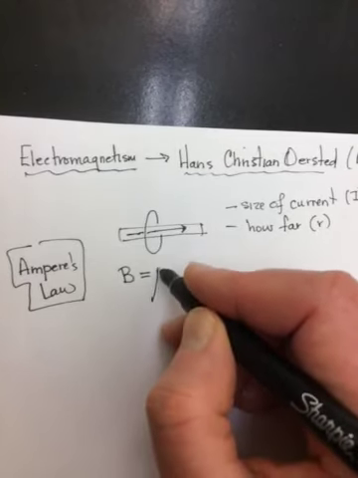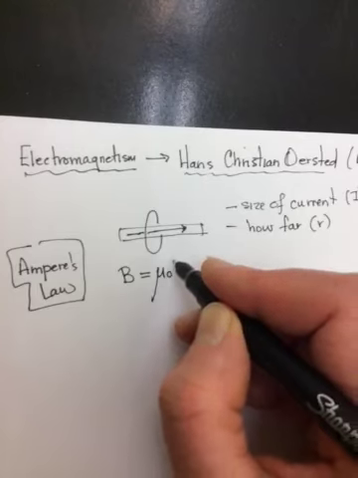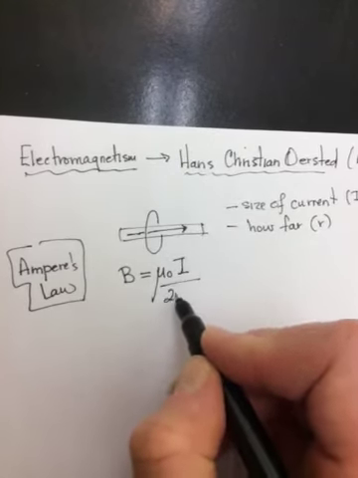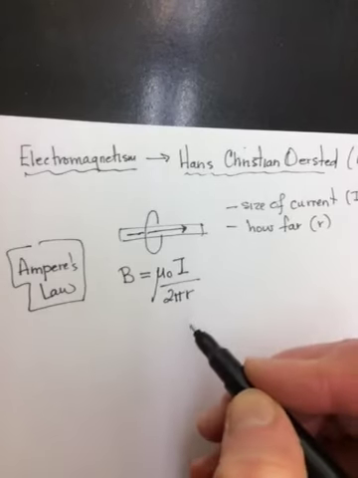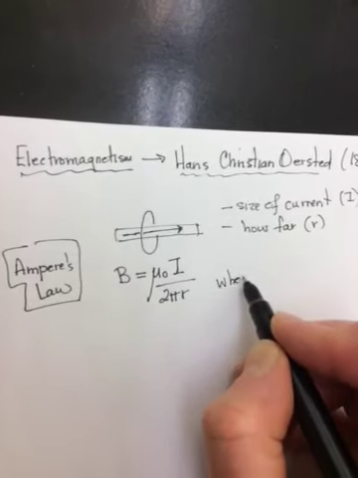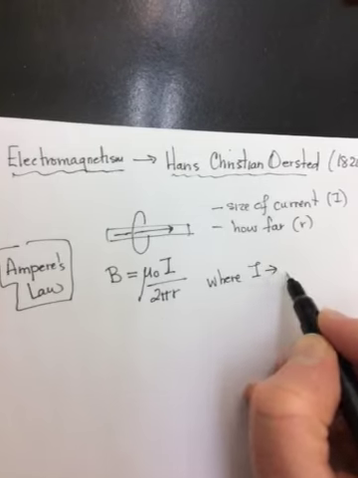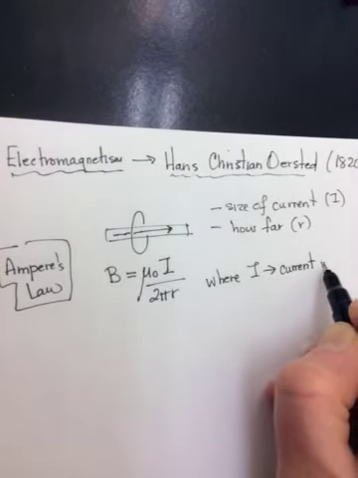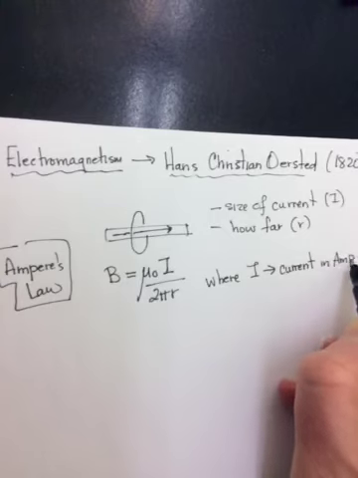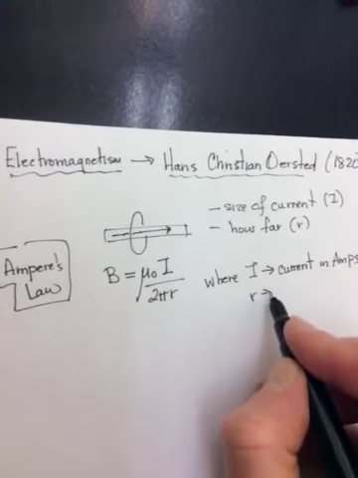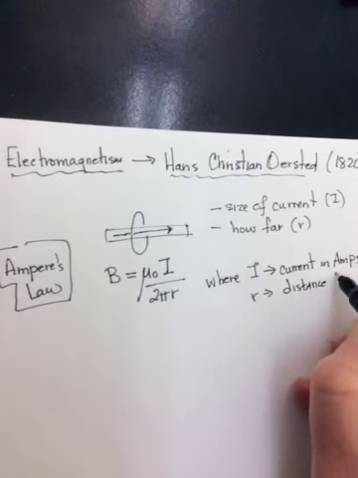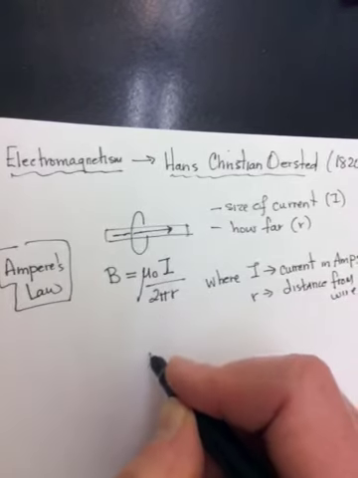So the equation is B is equal to mu O, which is a constant, I over 2 pi R, where I is the current measured in amps, R is the distance from the wire, I'm going to mu over here.